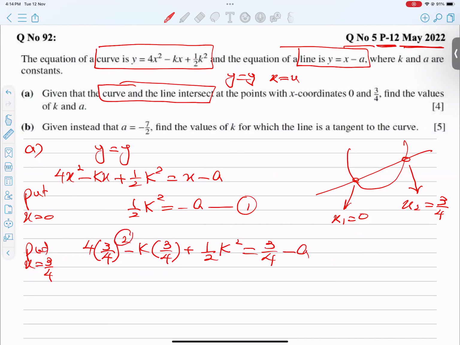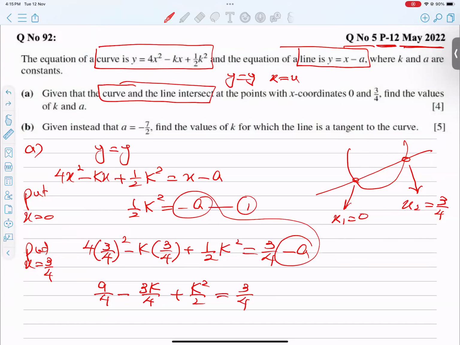The square of 3 gives you 9, the square of 4 is 16, and that 4 and 16 cancel. I got 9/4. Here 3k/4. Here I got k square by 2. Here I got 3/4. But check it: is this minus a match? Yes. So the value of minus a comes here.